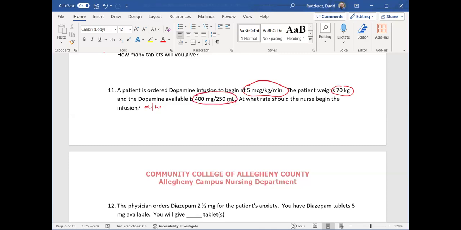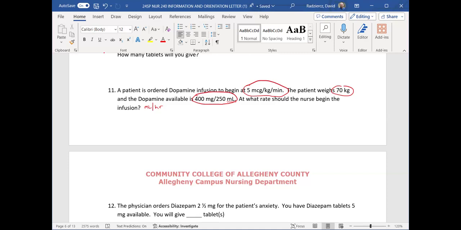Okay. So I'm going to work through this the way I see it. The way I am going to work through a question like this is I'm going to start with the patient's weight. I just always start with the patient first, then I go through the order and then do my conversions.